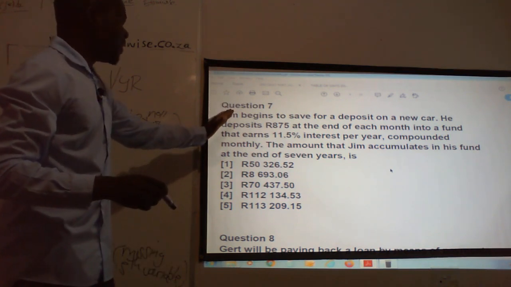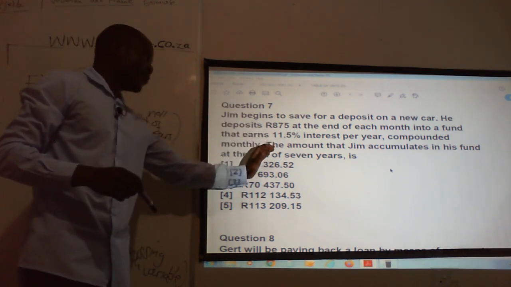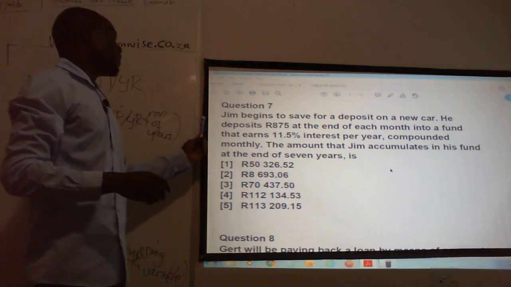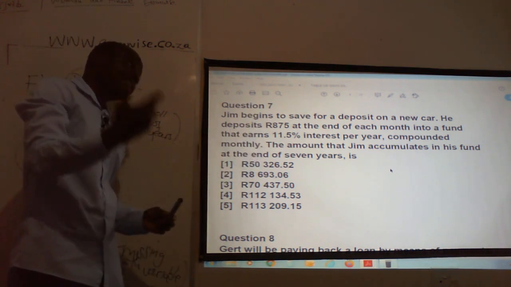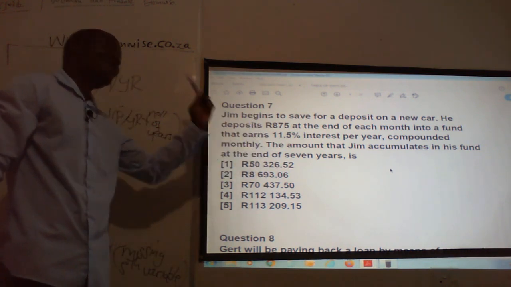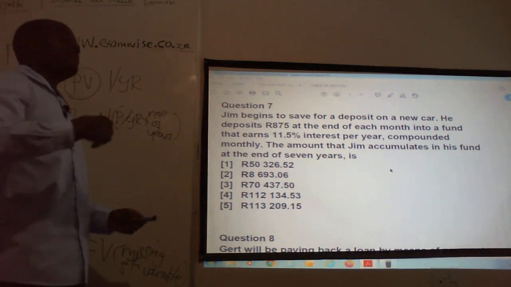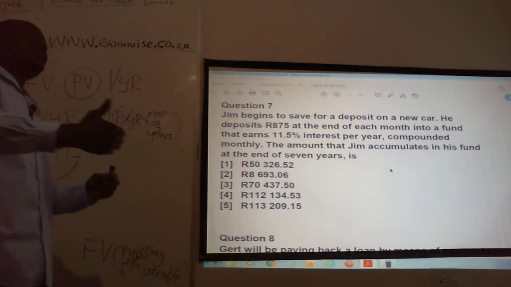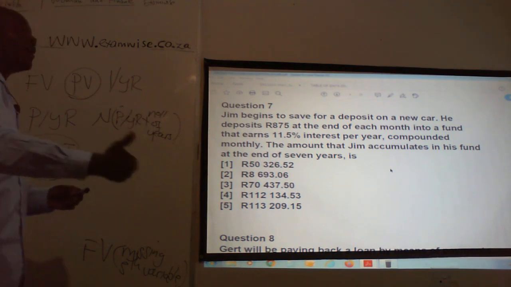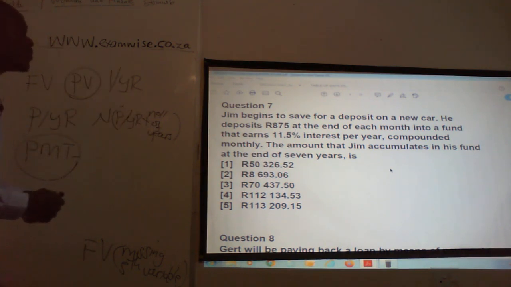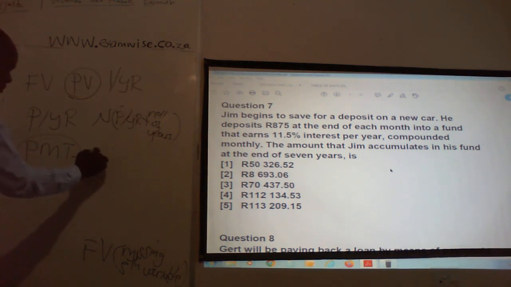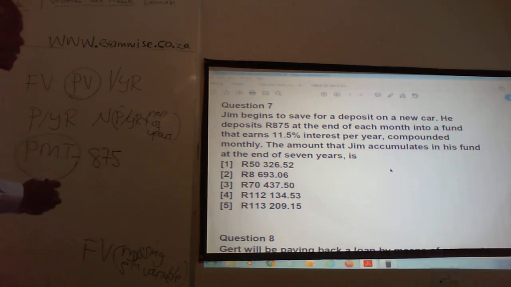Jimmy begins to save for a deposit on a new car. He deposits 875 at the end of each month. So the amount which Jimmy will be depositing is our PMT, our payment. So we'll start by saying 875.